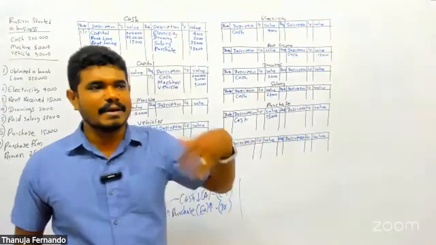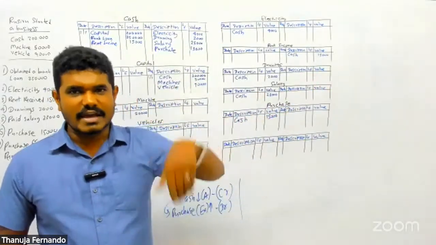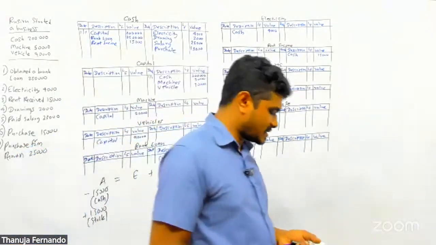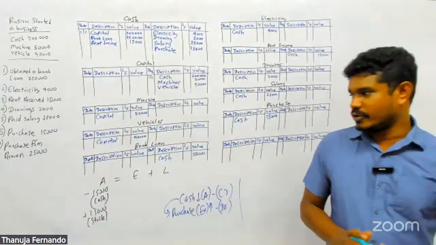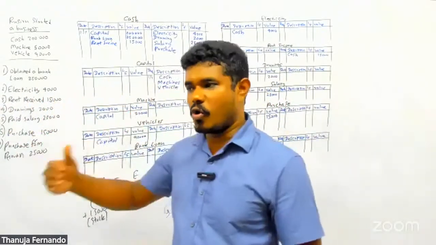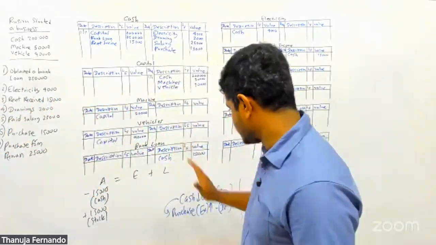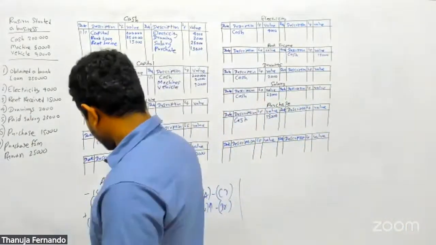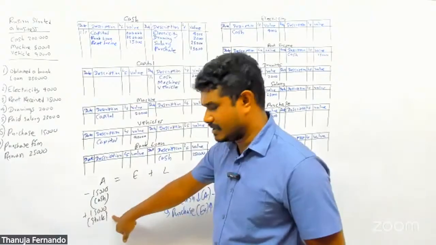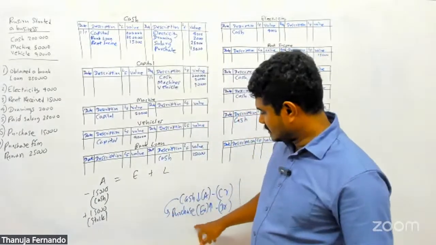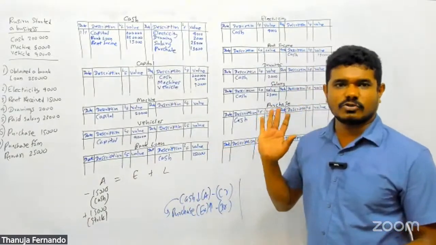On the other hand, we are purchasing something to use. පාවිච්චි කරන්න ගන්නවා. So here, purchase means we are buying to resell. So all the resell products we consider as purchase. Here we consider stock as an asset. Here we consider this as an expense. Understood?